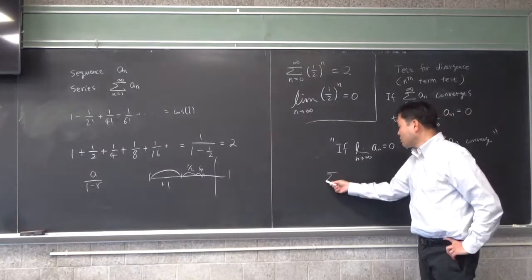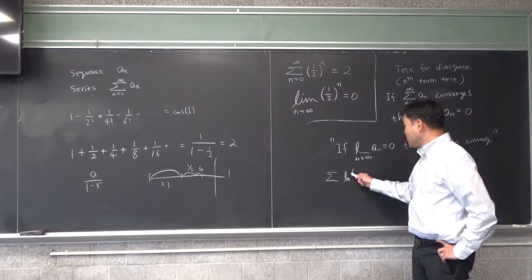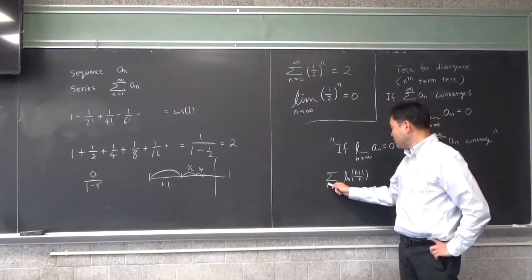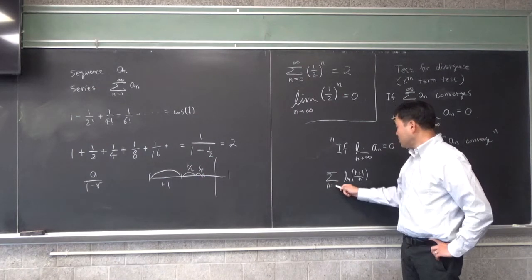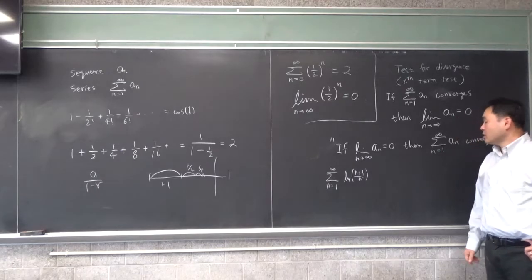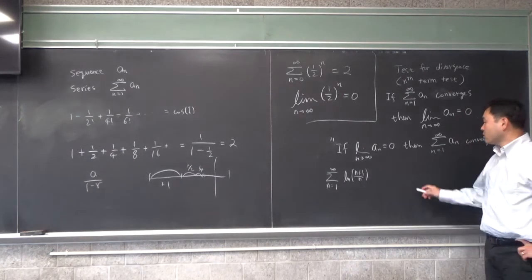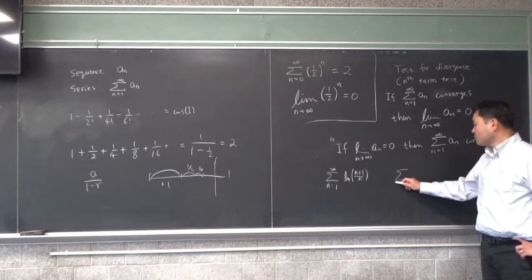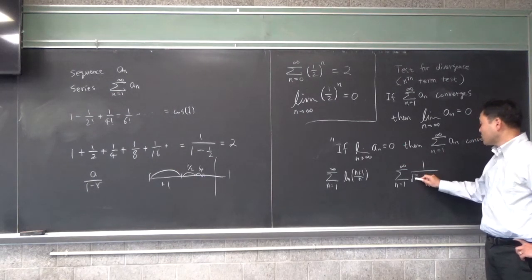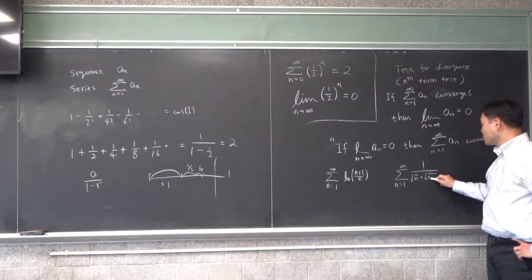One example was the summation of ln of (n plus 1 over n), or was it n over n plus 1, n from 1 through infinity. And the other example was the summation n equals 1 through infinity of 1 over square root of n times square root of n plus 1.